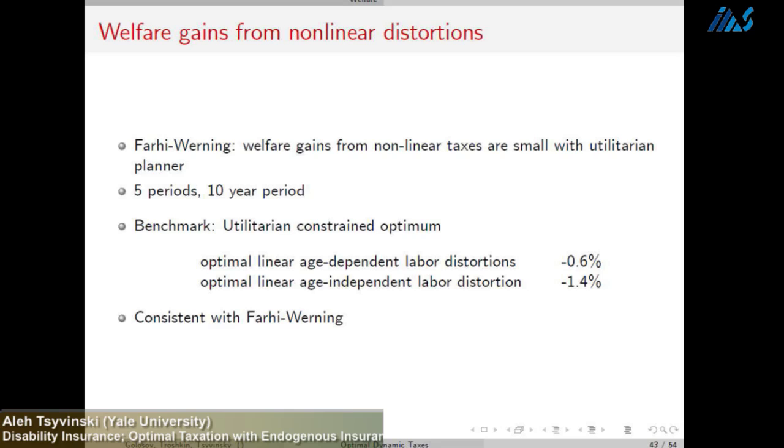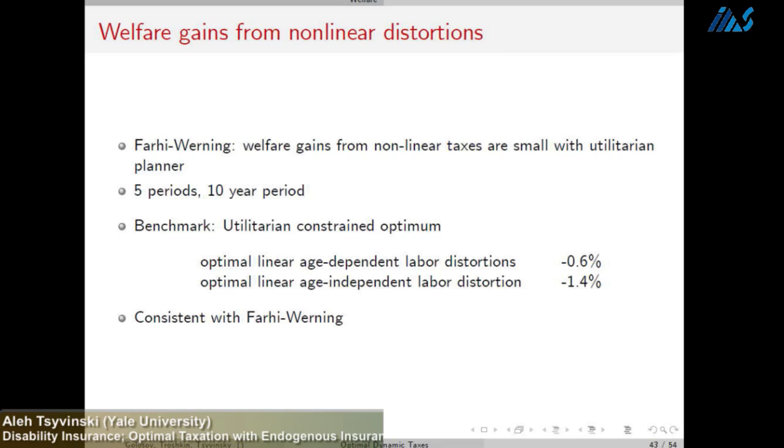First I want to ask the following question: if I look at the utilitarian constrained optimum, do we even have to bother about new dynamic public finance and dynamic taxation?